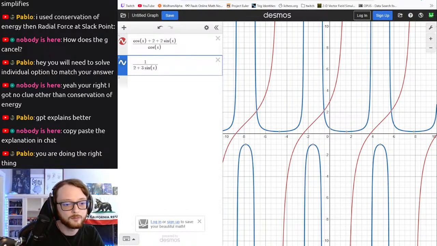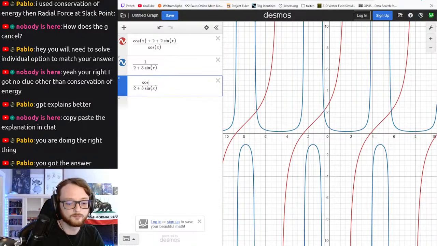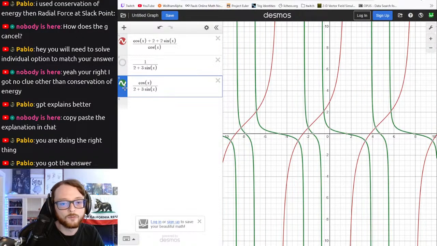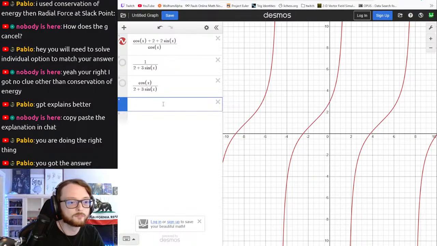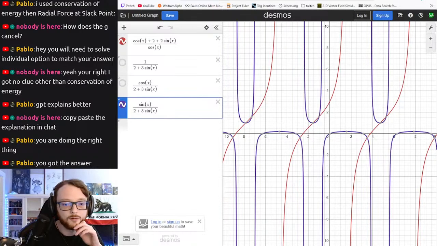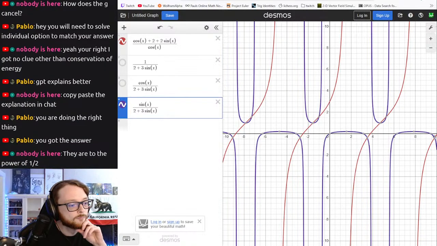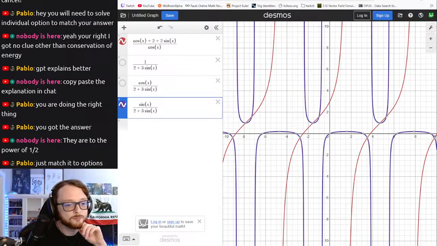It's not that. It's not that. And it's not that. Yeah, but if everything's to the power of 1/2, we just need to match the inside.